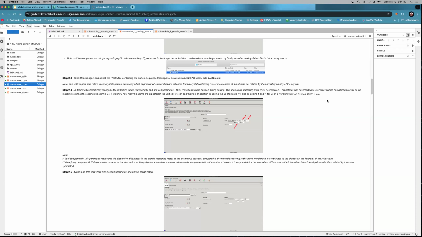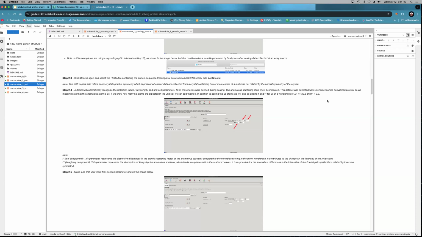They're grown in minimal media where the methionine has been replaced with selenomethionine, and they'll produce selenomethionine derivatized protein. So that's nice because that means everywhere there's a methionine, there's a selenium atom, and every protein usually has several.